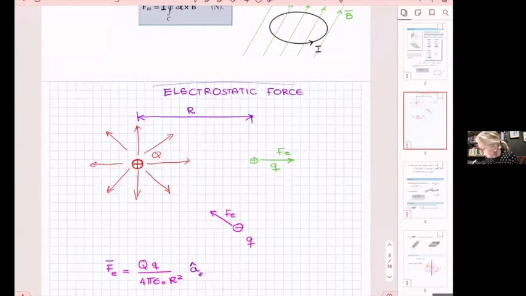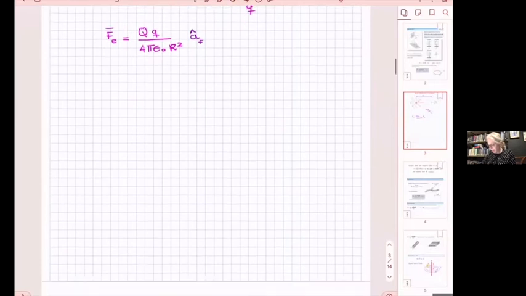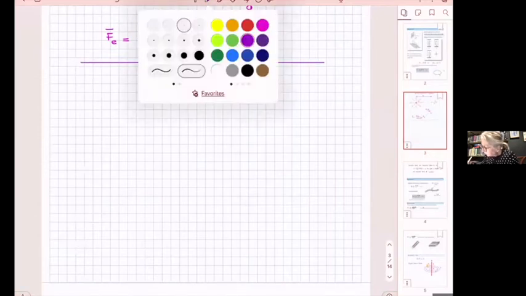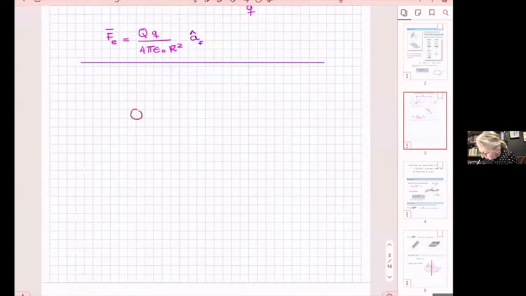Now, what happens if this charge Q that I have placed there, so let me just draw a line to make sure that it's a new topic, starts moving, and this charge is moving with a velocity v.